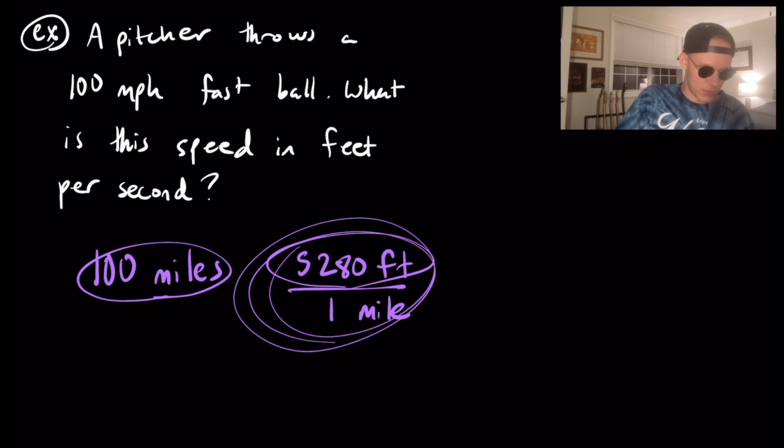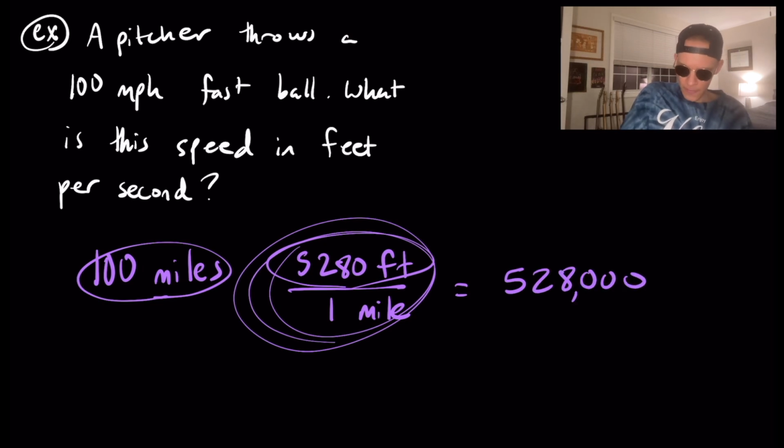So we would take 100 times 5,280. Actually, you don't even need a calculator for this. You'll get 52,800, so 528,000 feet. So 100 miles is equivalent to 528,000 feet.